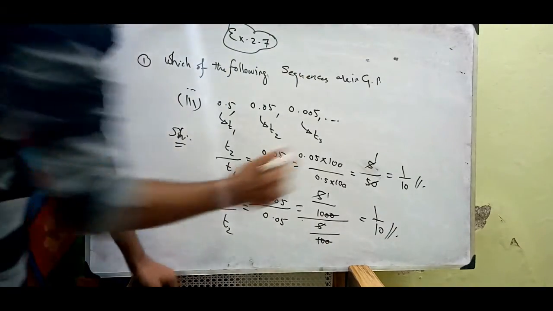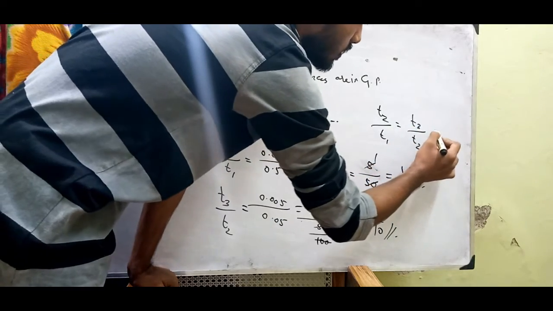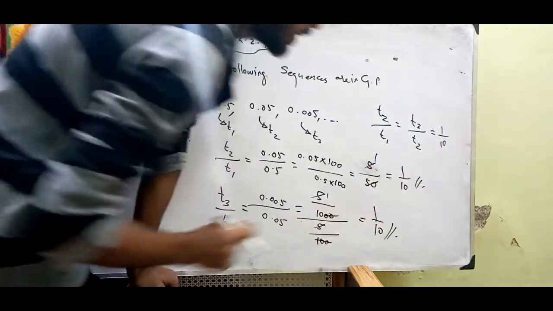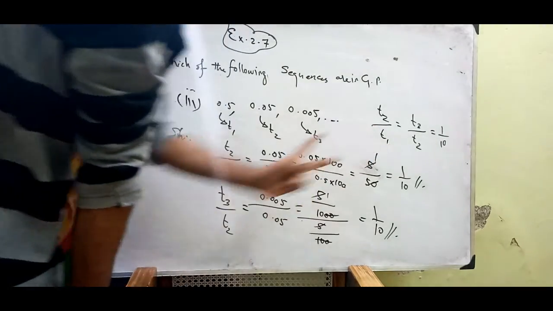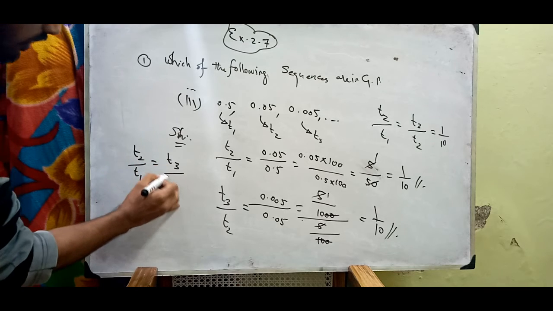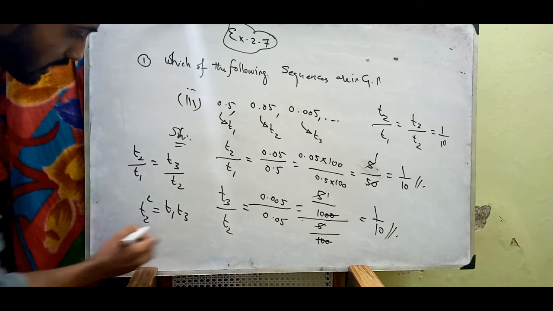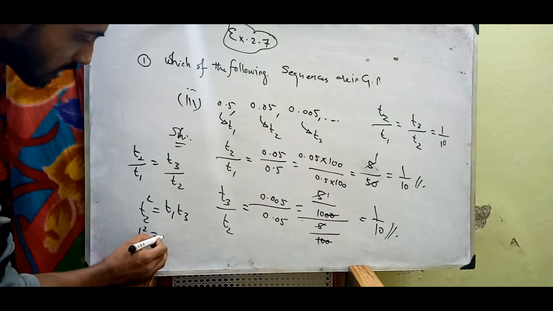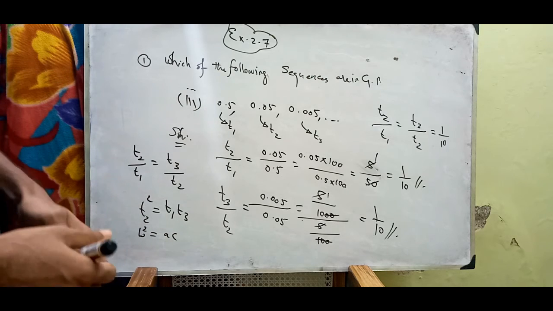Okay, so clearly here we can say T2 upon T1 is equal to T3 upon T2, which is equal to 1 upon 10. Got it? Why I'm saying this is because T2 upon T1 equal to T3 upon T2 is nothing but T2 square is equal to T1 T3. This is same as B square is equal to AC. Got it? So this is clearly a GP.